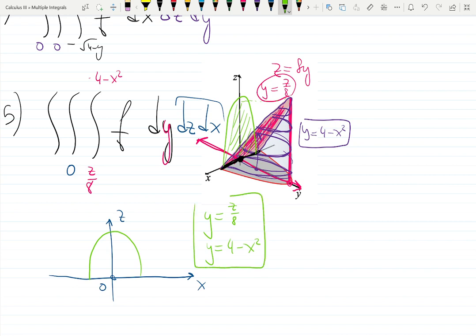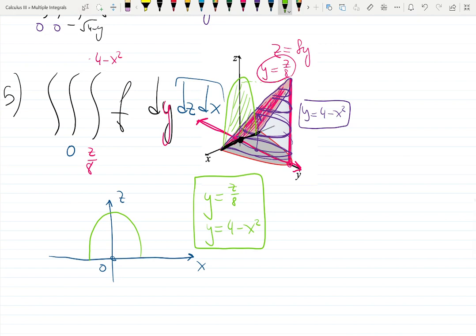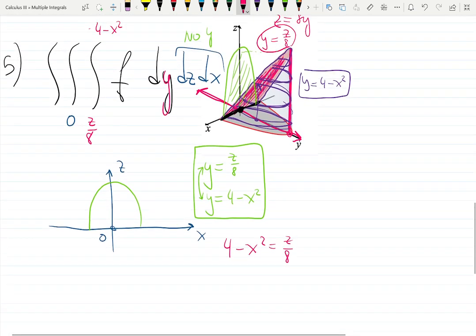We need to get rid of y because y creates a three-dimensional object and we are going to the plane that does not have any y. No y. So let's plug one into another one. Any is actually good. It's going to be 4 minus x squared equals z over 8. Boom, no y. This is an object that is located on the xz plane.